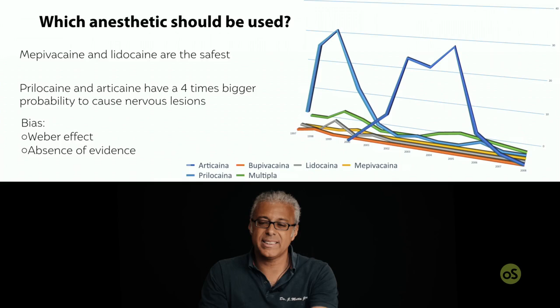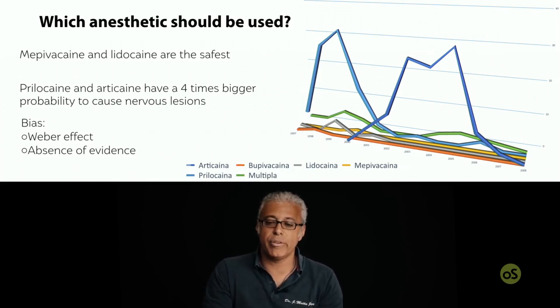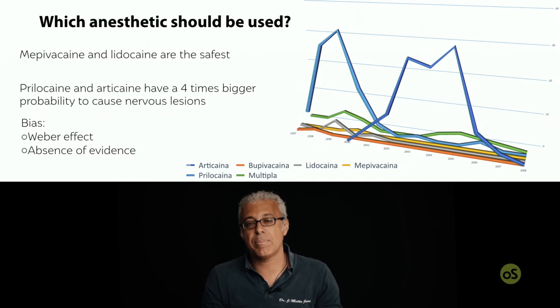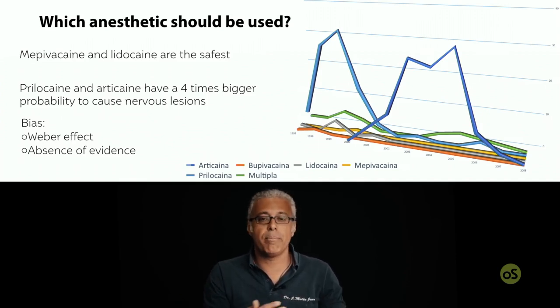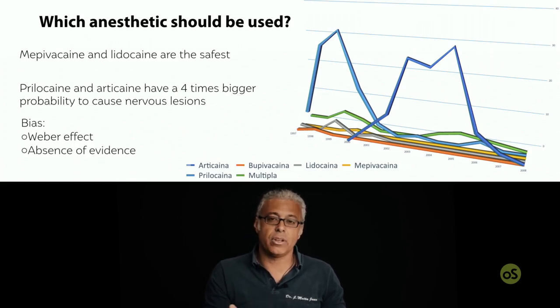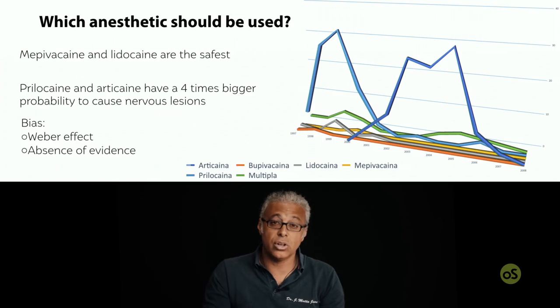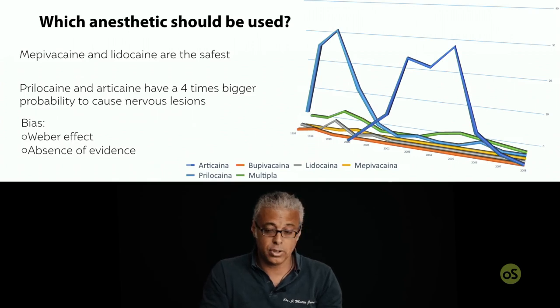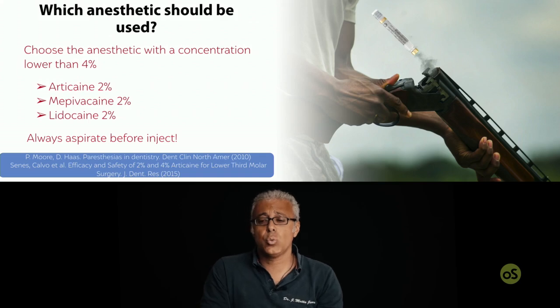But this study may also have a bias due to the Weber effect or to the absence of evidence that was given in the previous years, where maybe the colleagues didn't inform the company about these problems with older molecules.